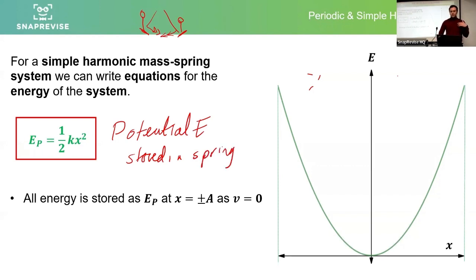So when the spring is maximally extended, all the energy is stored as elastic potential. So when we're at extremes of x, the elastic potential, this green line, is at a maximum. Hooray! So here's minus A, here's plus A.